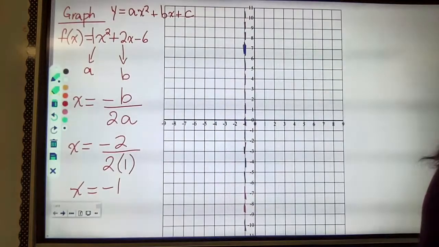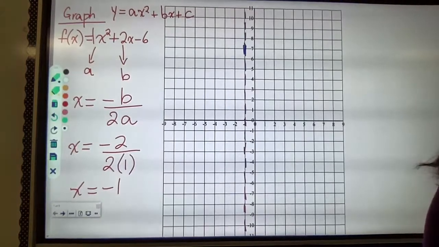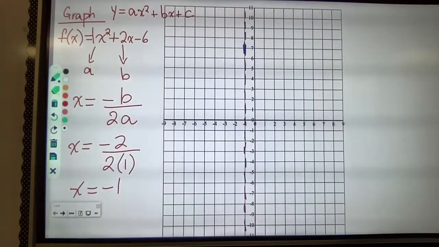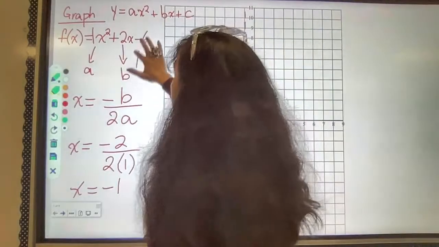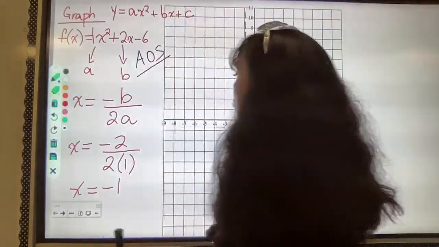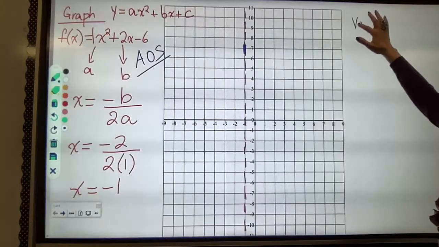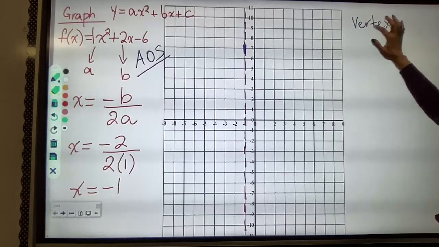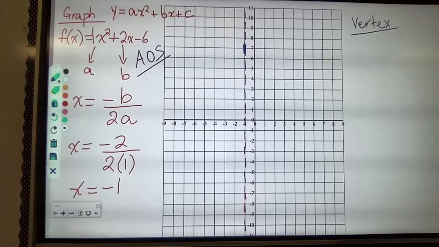Okay? All right. So first we found the axis of symmetry, right? Next we are going to find the vertex. And to find the vertex, because the axis of symmetry passes through the vertex, we are going to use -1 as the x coordinate of the vertex, and then we are going to find the y coordinate using my original equation.